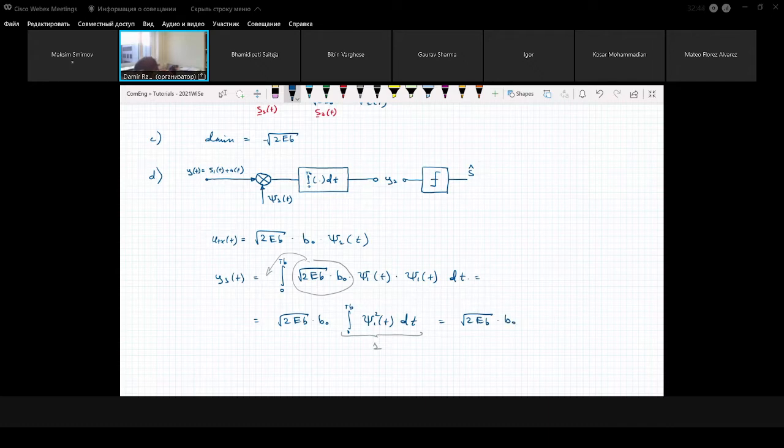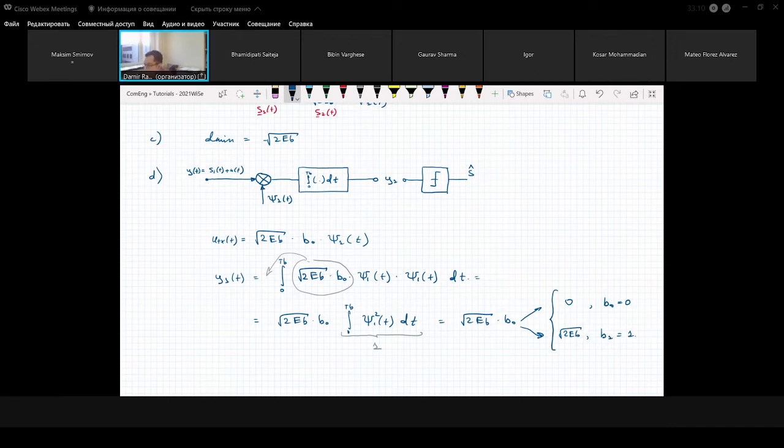What it means is that the output will be equal to 0 if you transmit bit 0, and you see 2EB under square root if you transmit bit 1.